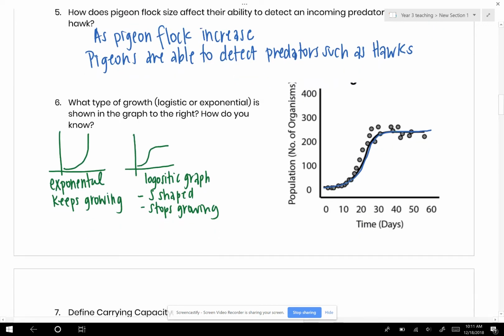This is very common in carrying capacity, right? So when an animal has reached carrying capacity, this line that's flat right here would be carrying capacity. Okay, so that is our first page on here.